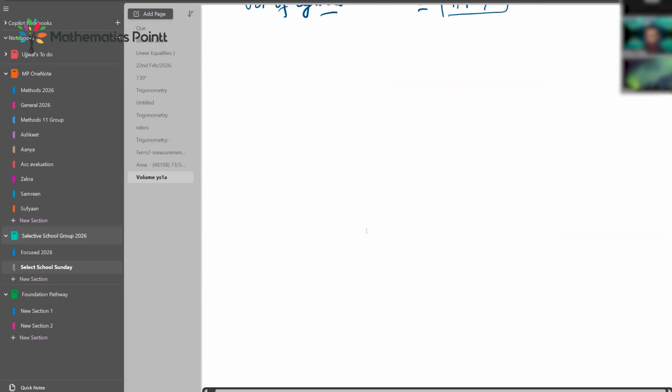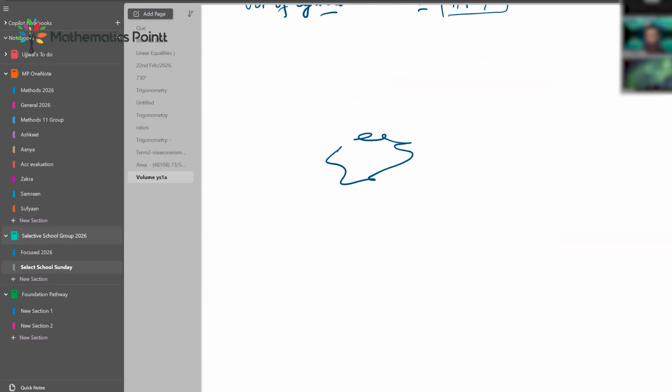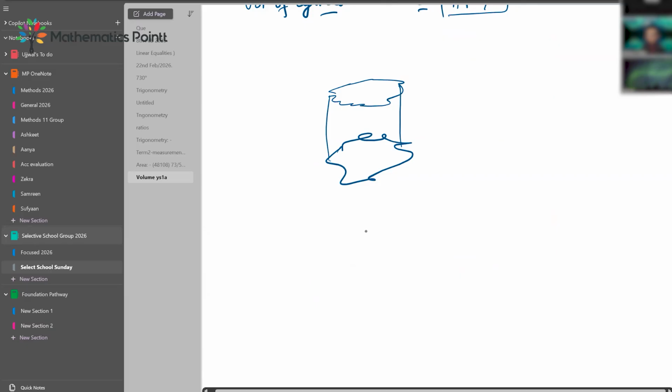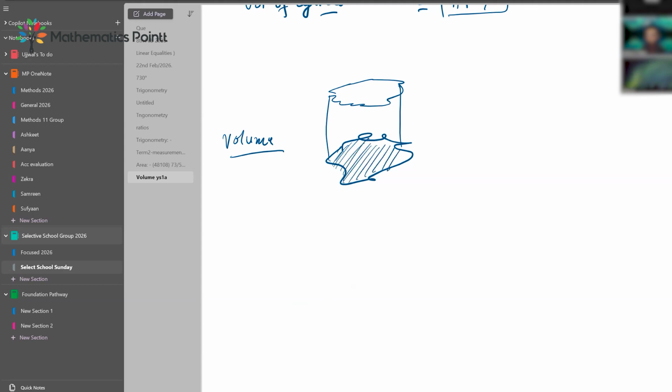Now, if I have something like this, and I need to know the volume of this irregular shape, if I know somehow the area of the base, and let's say the area of the base is, just hypothetically making up, 10 meters square, and let's say the height is 2 meters.